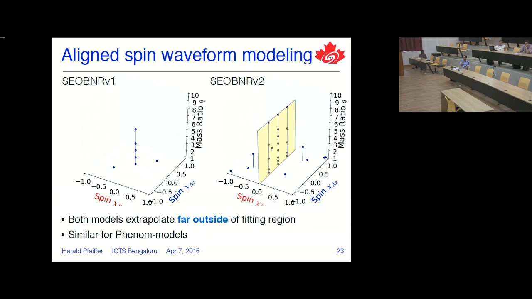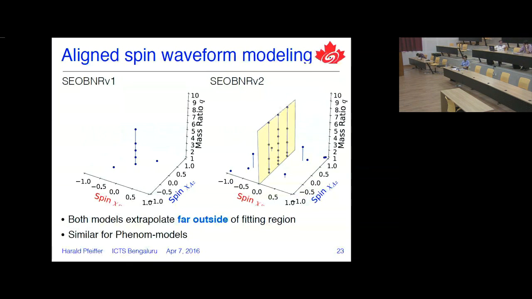Most of them only have spin on the bigger black hole. And even there, most of the spins are typically only plus or minus 0.5 or 0.6 or thereabouts. Nevertheless, the waveform models are used pretty much everywhere in parameter space, up to spins of 0.98 or 0.99. And so there's a large extrapolation going on, which needs to be quantified, whether this actually has impact on the waveform models.